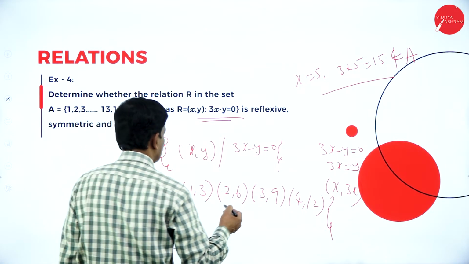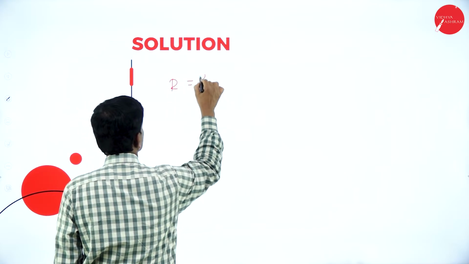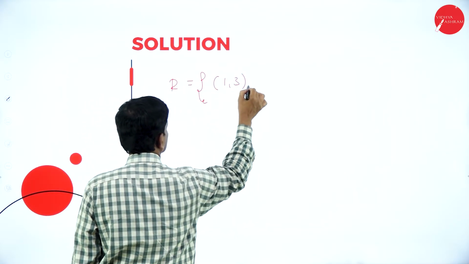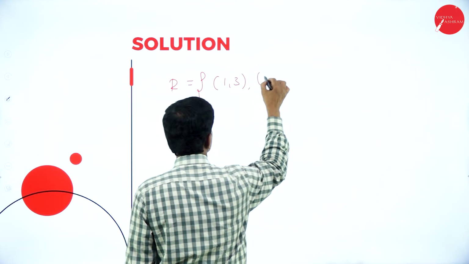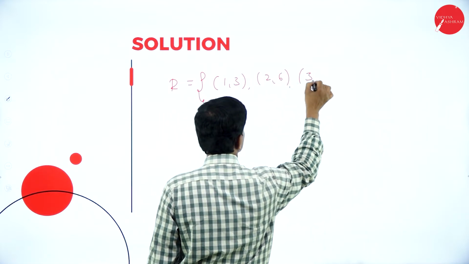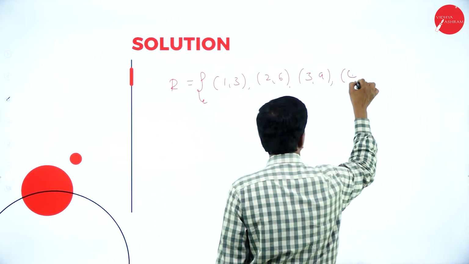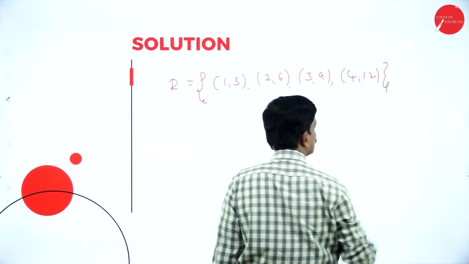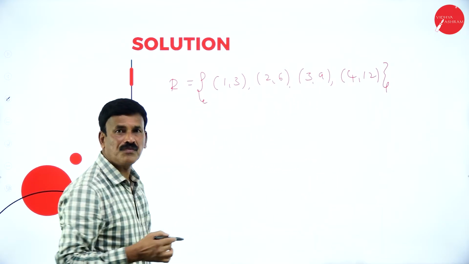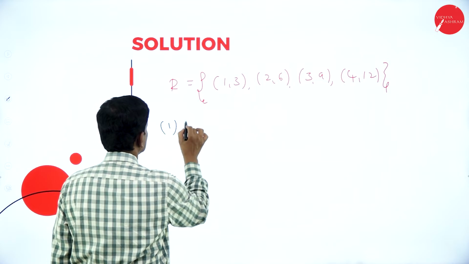Now, let me verify one by one. What is R? R is equal to {(1, 3), (2, 6), (3, 9), (4, 12)}. Now, verify one by one. First one is reflexive.